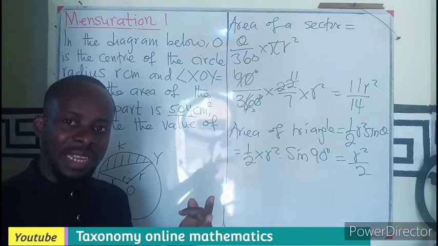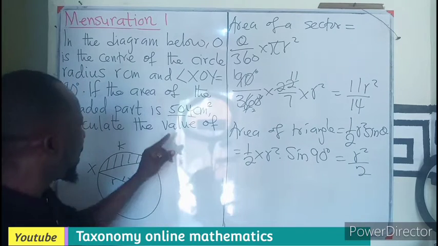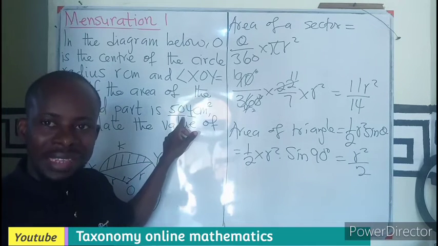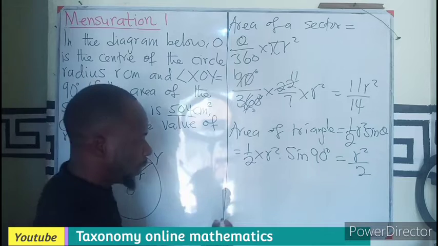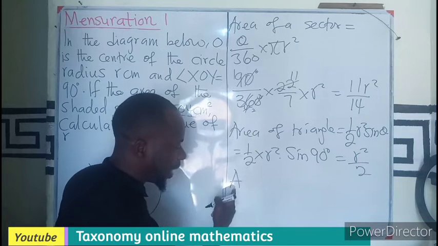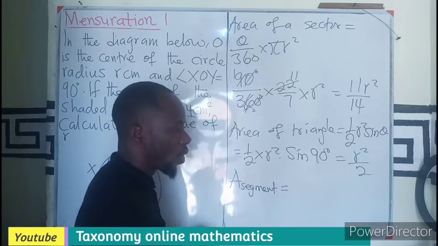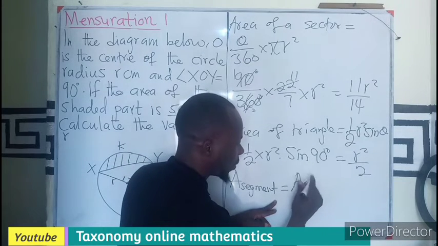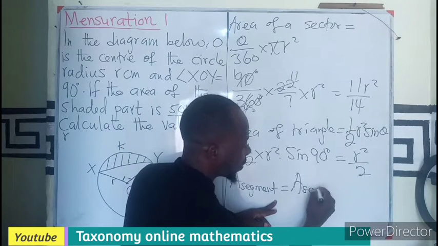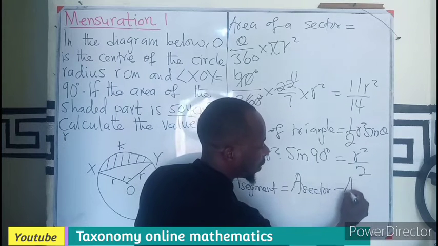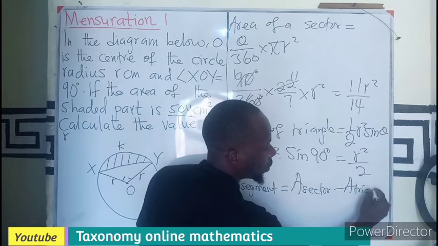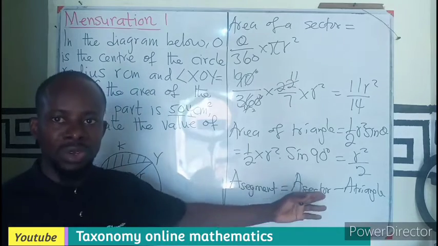The area of the sector, the area of the triangle, and the area of the segment is given. But we know the connection between them: the area of the segment is equal to the area of the sector minus the area of the triangle. This is the connection between the three of them.